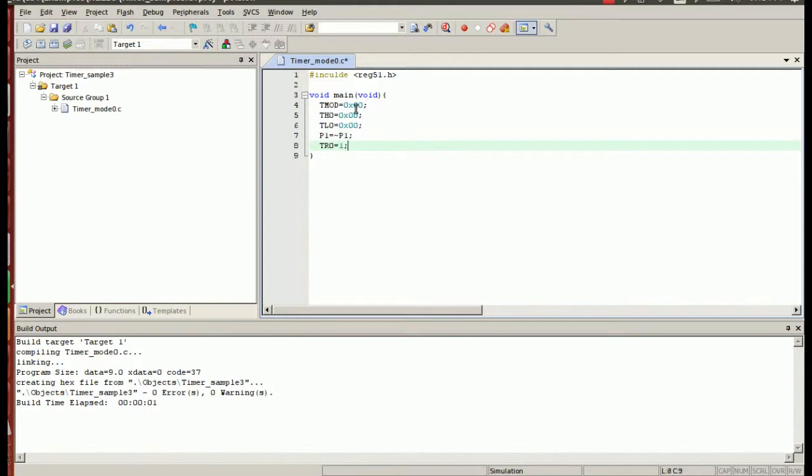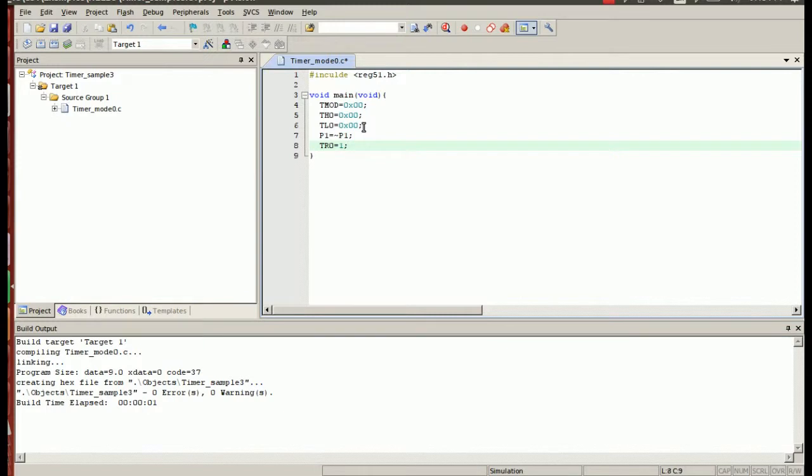So let us see what is happening in each of these lines. TMOD is equal to 00 means the timer is in mode 0. Now we will be using timer 0. So when you set TH0 is equal to 0x00 and TL0 is equal to 0x00, you can get a maximum possible delay using timer in mode 0.